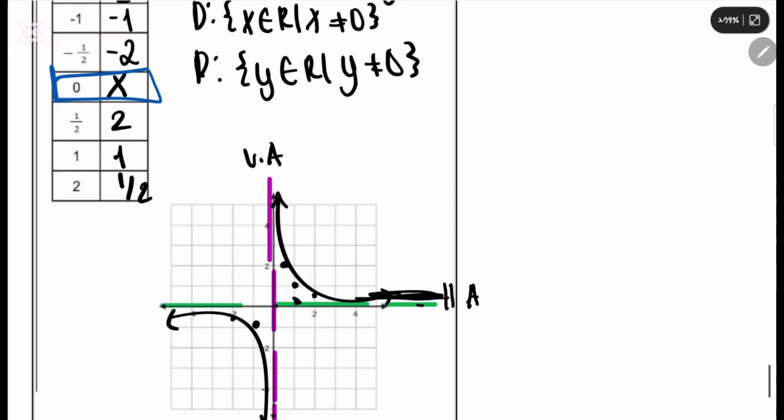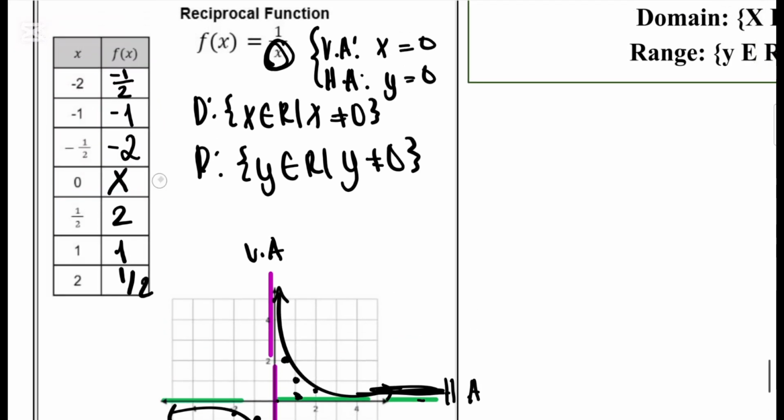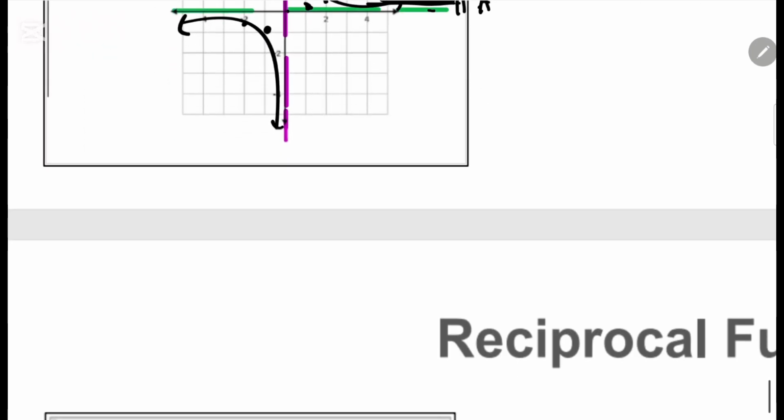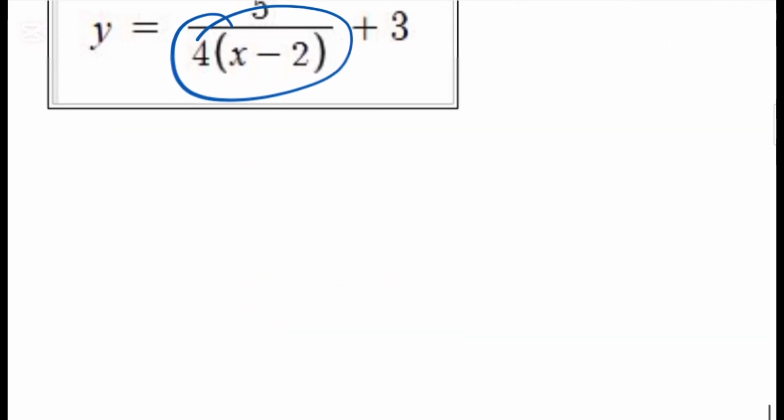Why? Because here, if you can see, when the denominator is 0, because x is in the denominator, then you get an undefined value. You should try plugging in 7/0 or any real number over 0, you get undefined or a math error in your calculator.